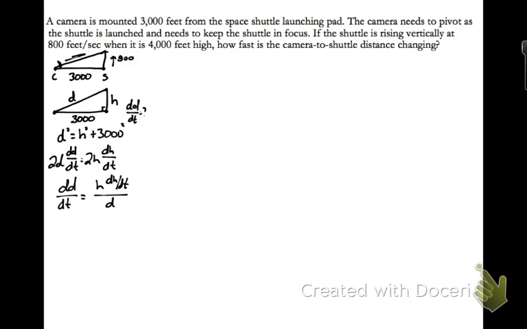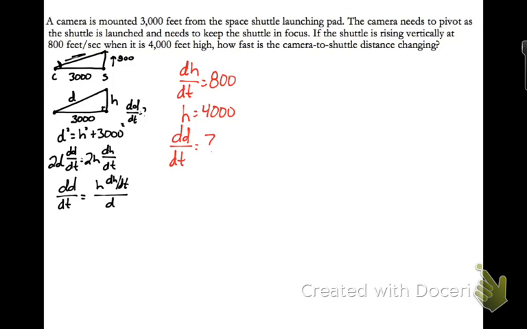Now to answer the question, now that I've got all the relationships I need, we want to know if the shuttle is rising vertically at 800 feet per second. So we're told that dH/dt is 800. When the shuttle is 4,000 feet high, so when H is 4,000, what is dD/dt? That's what we want to know.